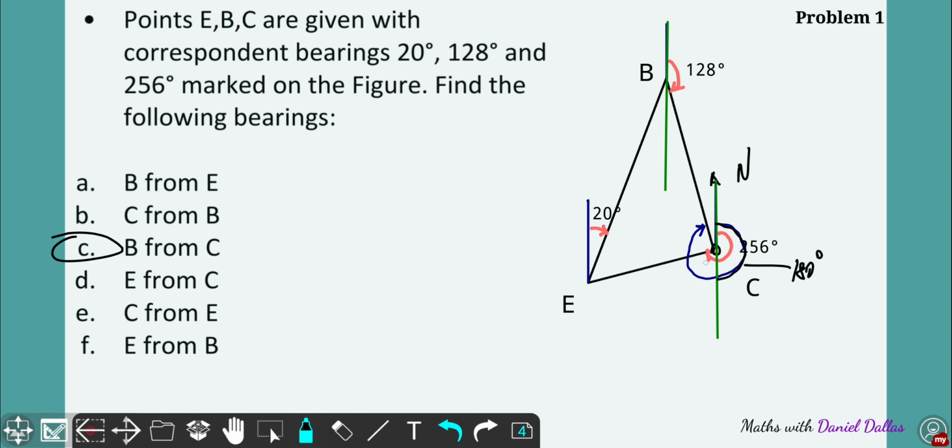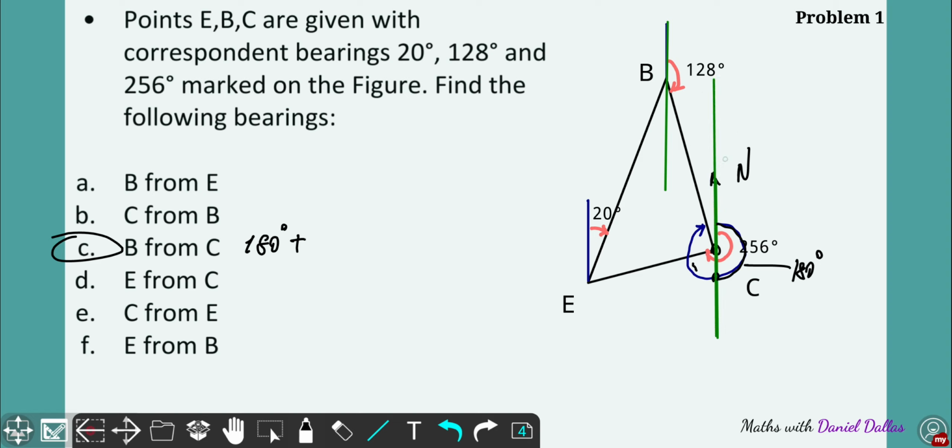And to find the complete bearing, we also need to add on top of that the blue part right there, from the north direction, from that segment of the line, to the segment BC. But how to measure it? We need to make sure that we use two parallel lines, one more time, and maybe prolong that.